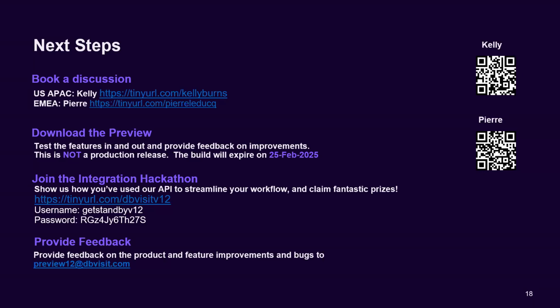You can write to us at preview12@dbvisit.com. When you write to us, explain what issues you're facing, what product features you want to discuss further, or what you like about this particular version 12 CLI and API. We're open to any type of conversations that would help both of us. So please email us at preview12@dbvisit.com.